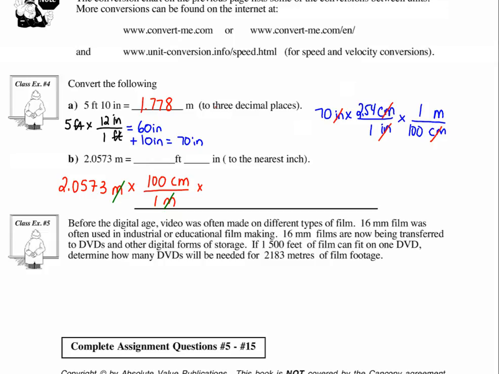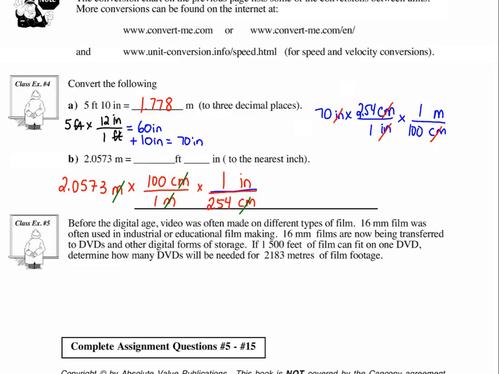Now we want to convert centimeters into inches. So centimeters are going to go top or bottom? Bottom. Inches, what we want on top. And there are 2.54 centimeters in 1 inch. And notice the centimeters will cancel, we'll be left with inches.